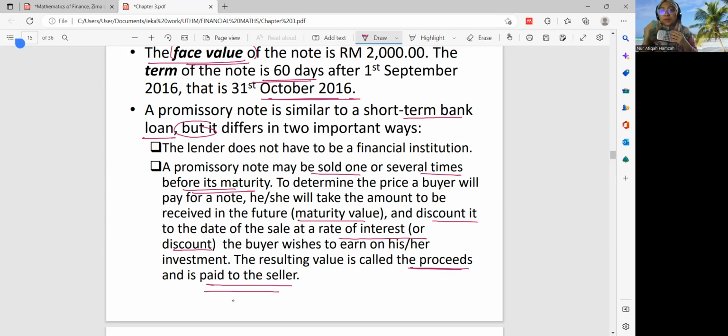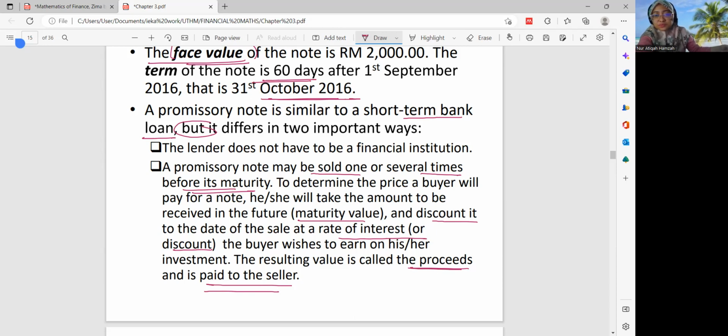Tengok berapa yang dia nak kenakan tu depends berapa yang dia nak untung daripada apa yang dia telah keluarkan. Dan then the resulting value yang dia dapat tu dipanggil sebagai proceeds. So maksudnya jumlah yang C bayar tu kita panggil sebagai proceeds.